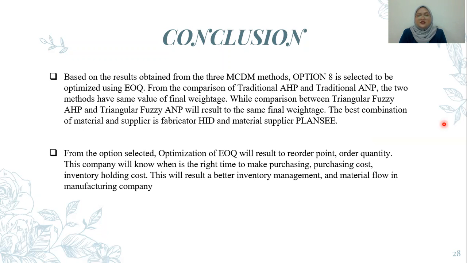The best combination of material and supplier is fabricator HID and material supplier Plan C. From the option selected, optimization of EOQ will result in reorder point and reorder quantity. This company will know when is the right time to make purchases, and the purchasing cost and inventory holding cost. This will result in better inventory management and material flow in the manufacturing company.